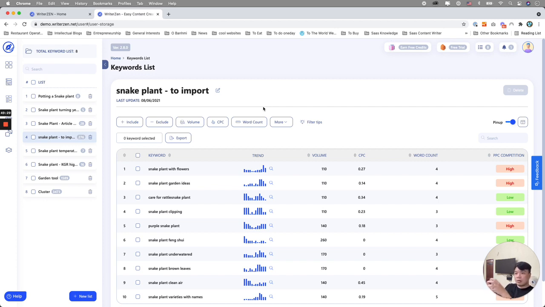Because you need to cluster them into topics that you want to write about, and topic that will actually filter out all the keywords that could rank together, not separately, and avoid keyword cannibalization. So you kind of save that into a list, and you call it to import. I call it to import. You could call it whatever way that you want.